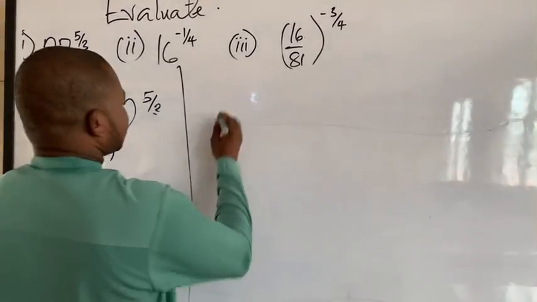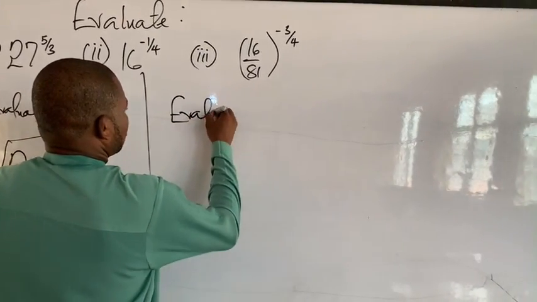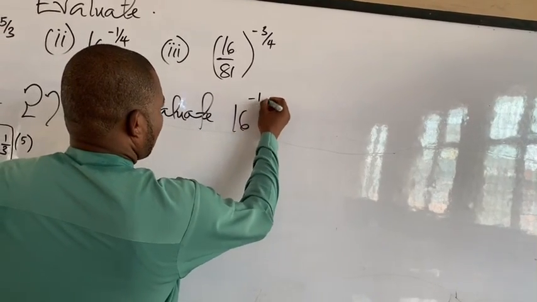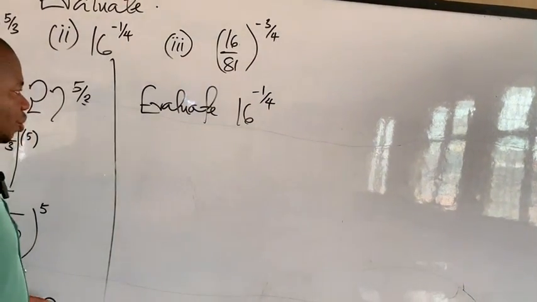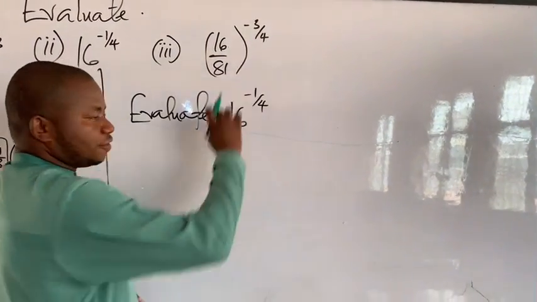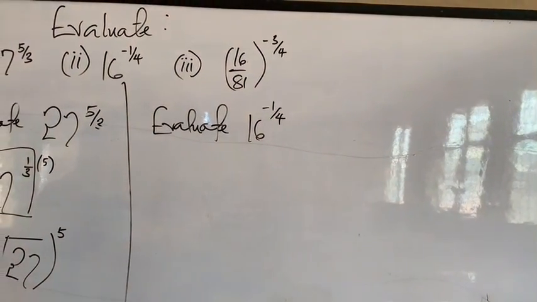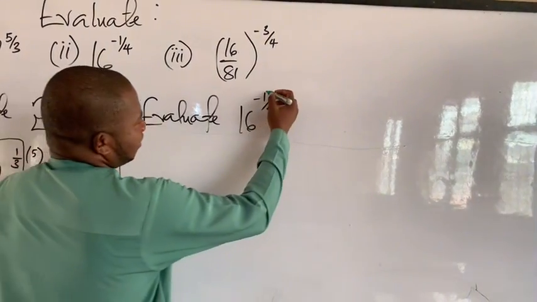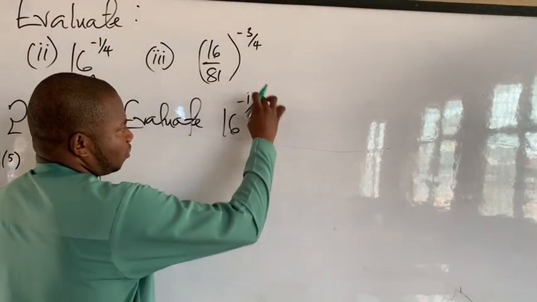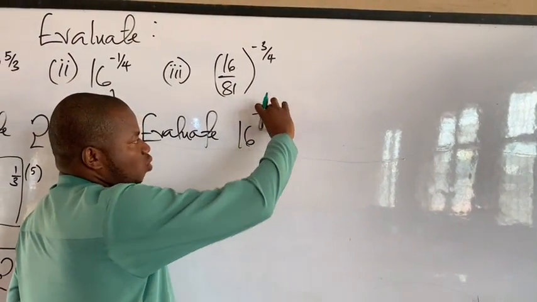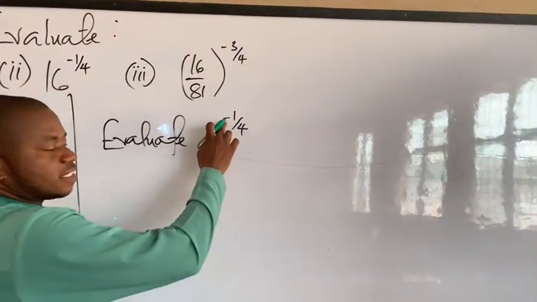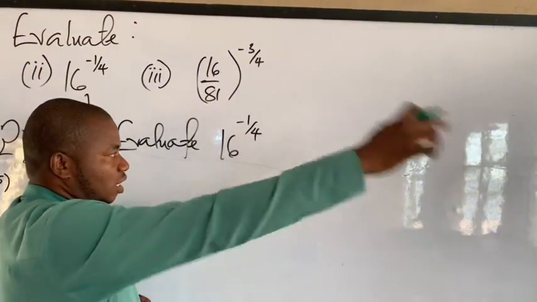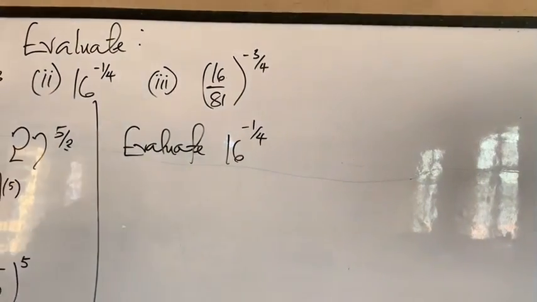The second question says evaluate 16 raised to the power negative 1 over 4. Very simple. Okay, this is the negative power law of indices. Now when looking at this on its own, this is a fractional power. 1 over 4 is a fraction, and since it is also negative, you call it the negative fractional law of indices.